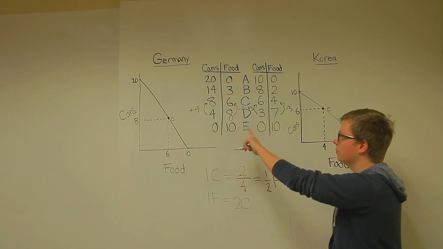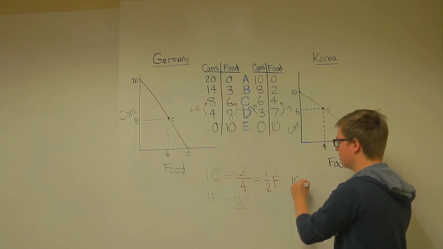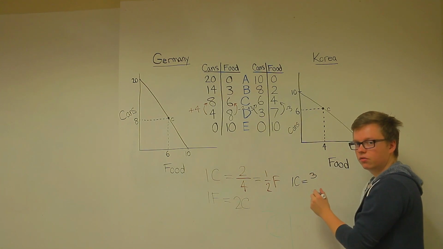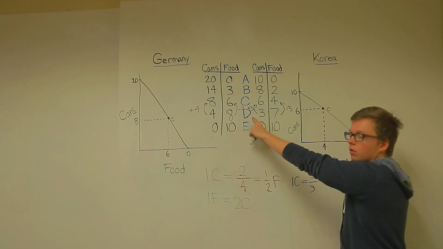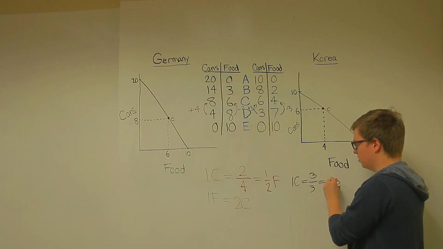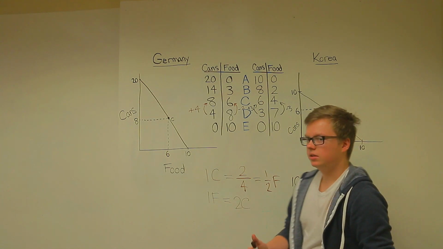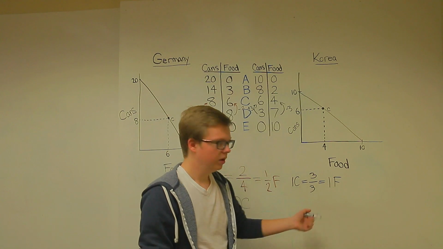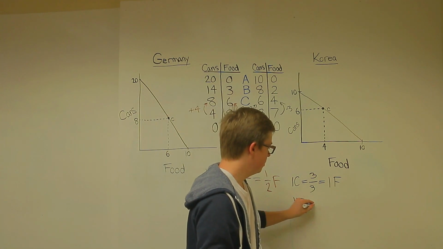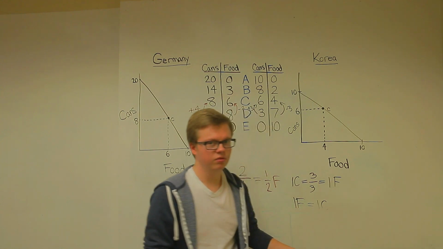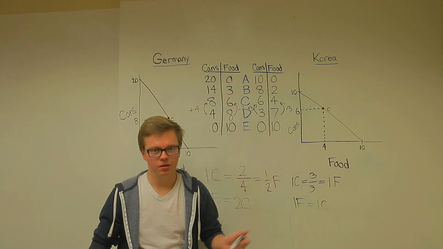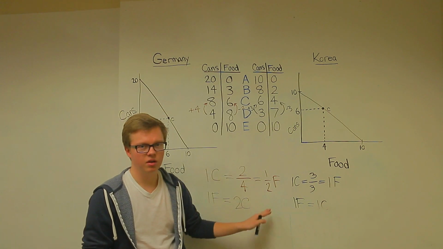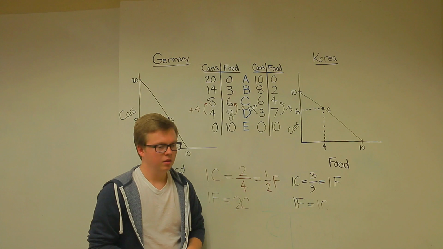That means for Korea, the price of 1 can is they have to give up 3 units of food for every 3 cans. So this simplifies to the price of 1 can is equal to 1 unit of food, and similarly, the price of 1 unit of food is equal to 1 can.